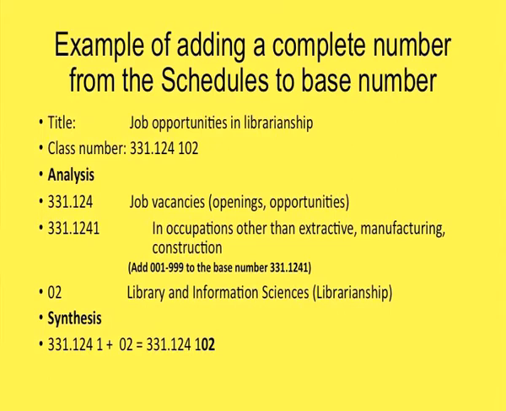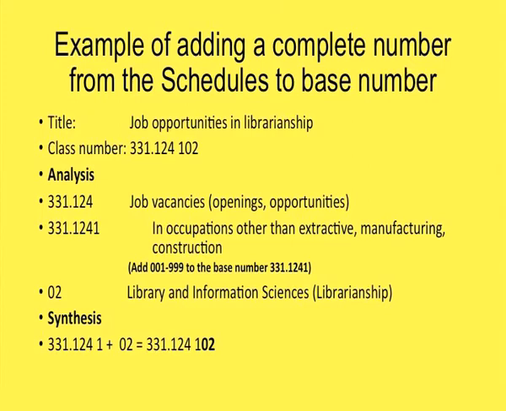And for job opportunities in occupations other than extractive, manufacturing and construction, we find a note again, the same type of instruction: add 001-999 to the base number. So, the base number here is 331.1241.